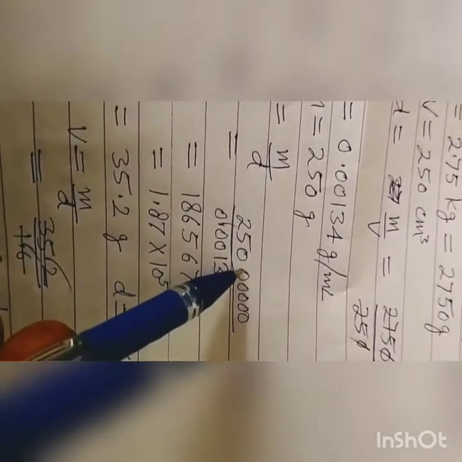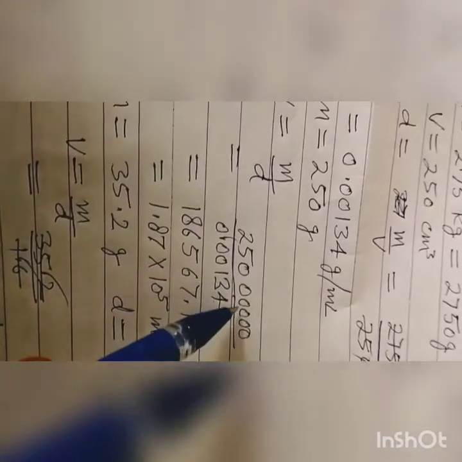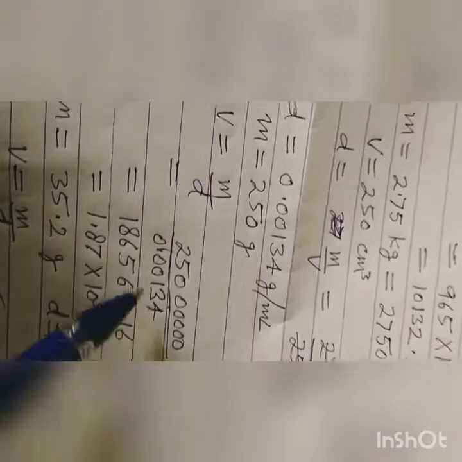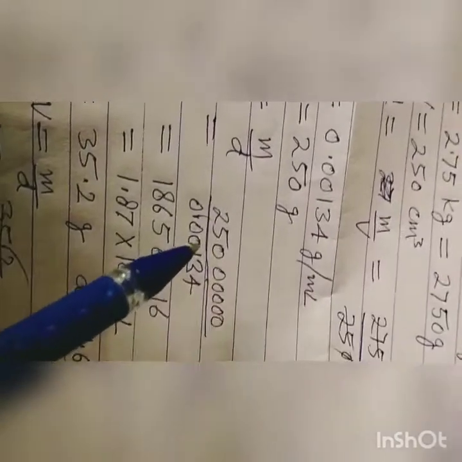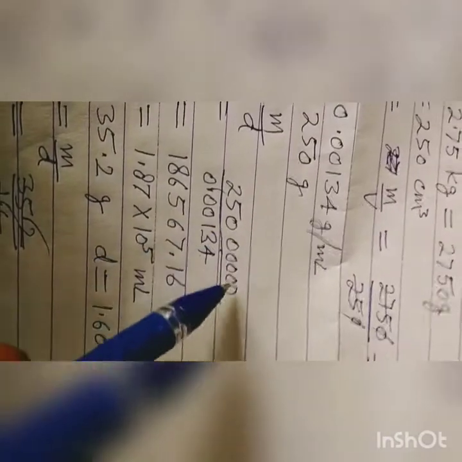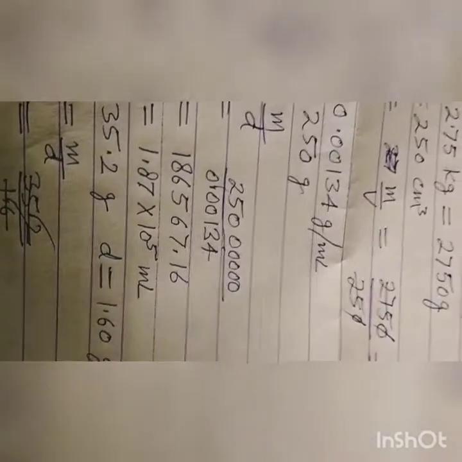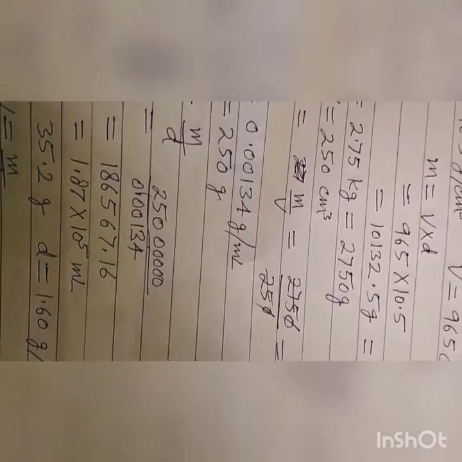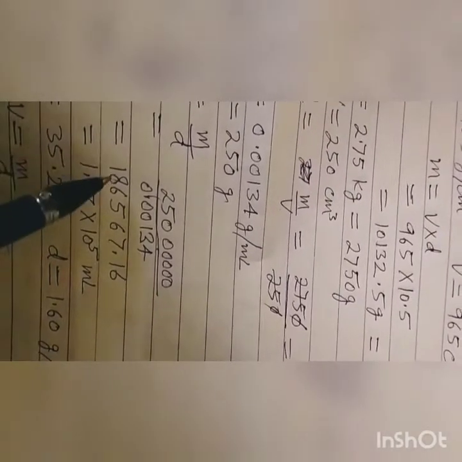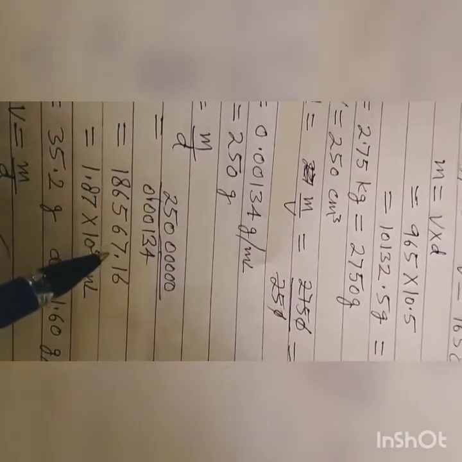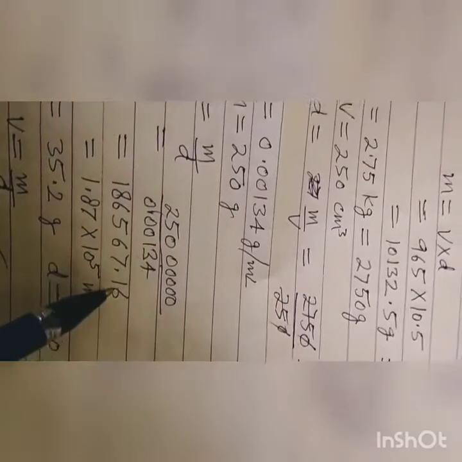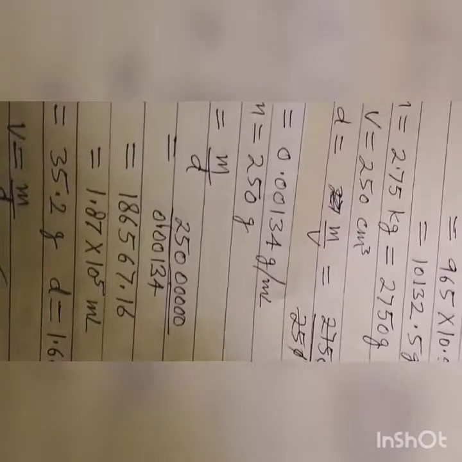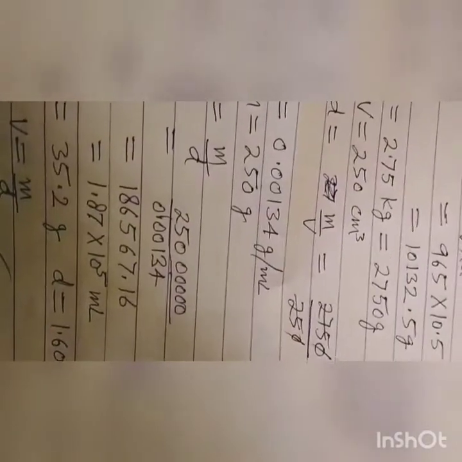So 50 you have to put here in the numerator. Now you have to divide 250 lakhs by 134. When you divide, you get 186,567.16. I have not written the other digits here, up to 2 places only.